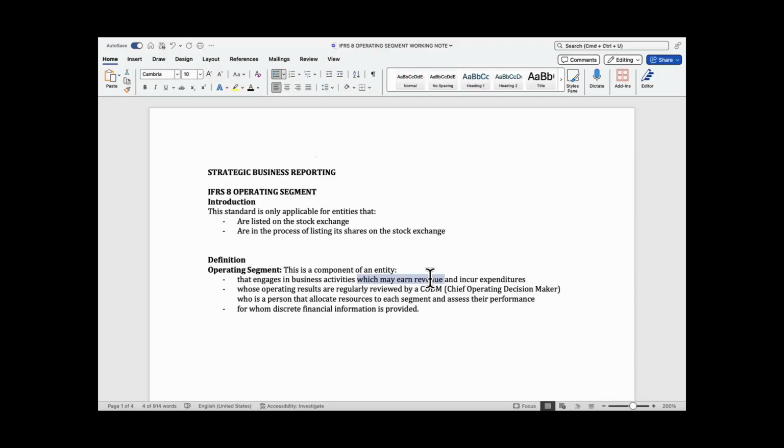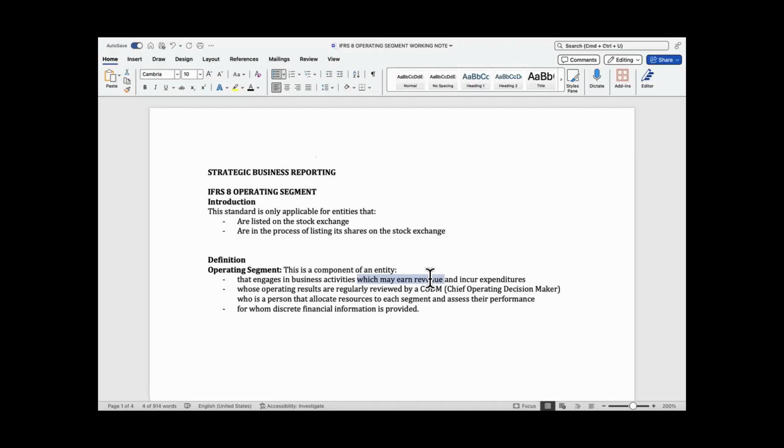Each of those branches can be an operating segment, and they can also have a cost center, like a head office, or a research and development unit that does not make revenue. Can those ones qualify as an operating segment?